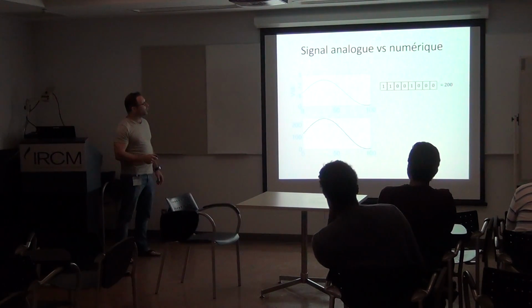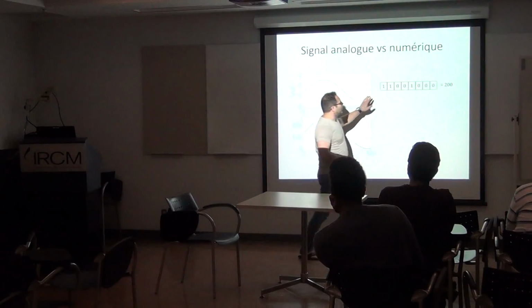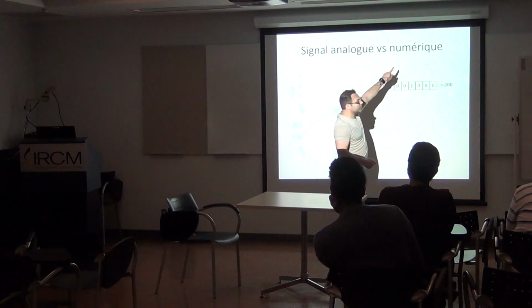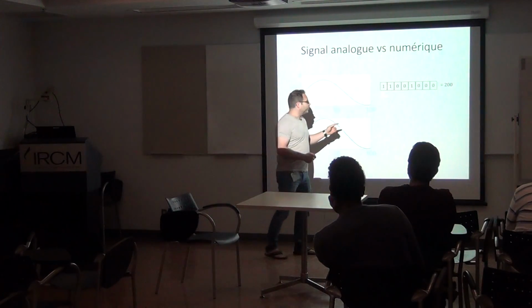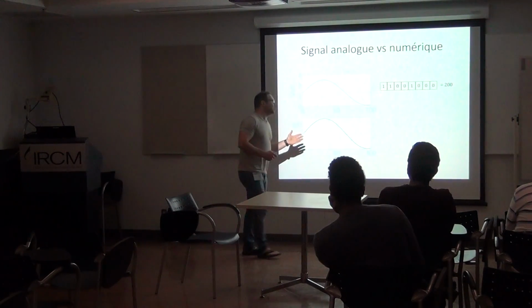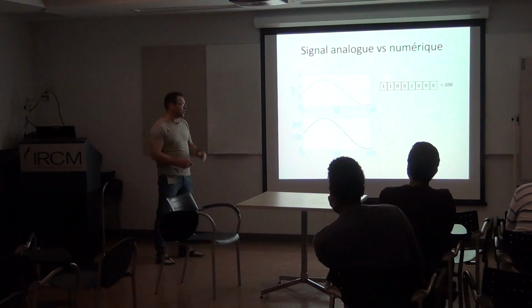And so basically, to get a digital number, it's mostly a binary thing, so it's either a 1 or a 0.